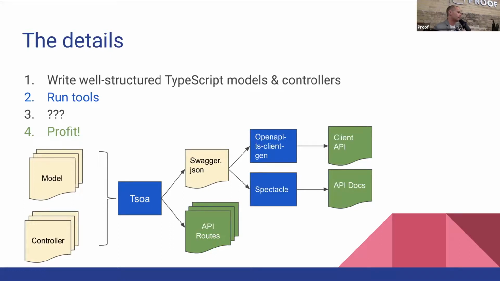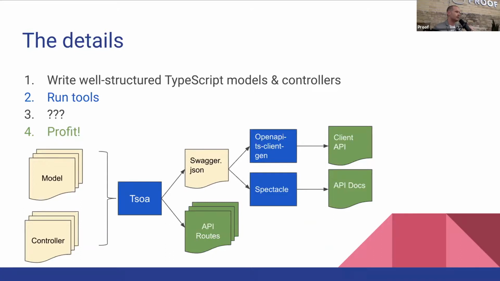But quite simply, you can take your model and your controllers, and as long as they're well designed, well defined, and you've used TypeScript, you can run Tsoa on them and get your Swagger output, and you get your routes written for you. Now, if you couple that with a Swagger-based generator, you can get client-side API generated for you, so you don't have to write that anymore.